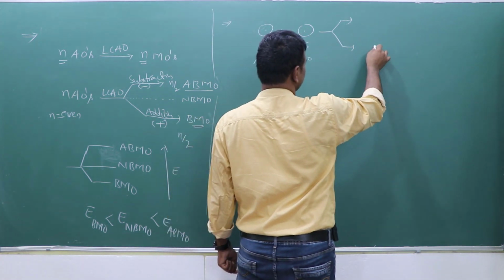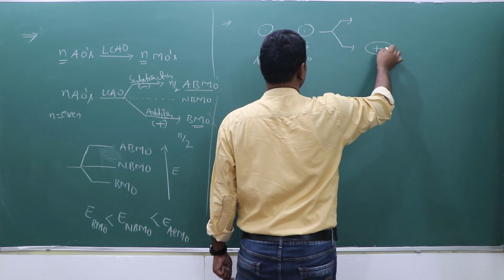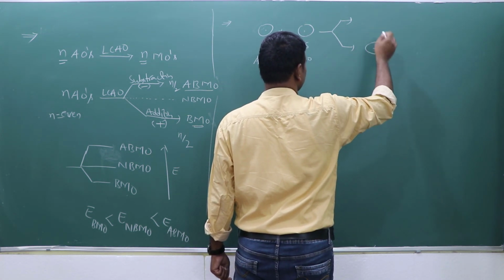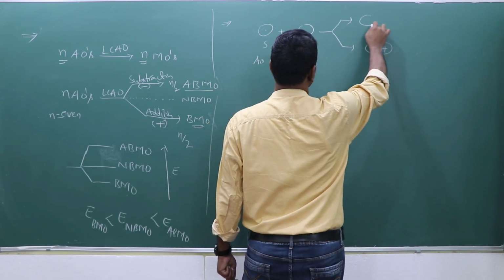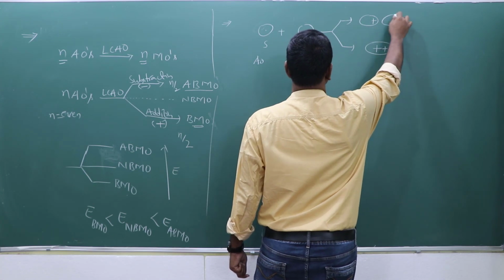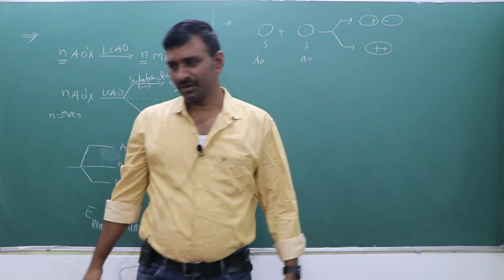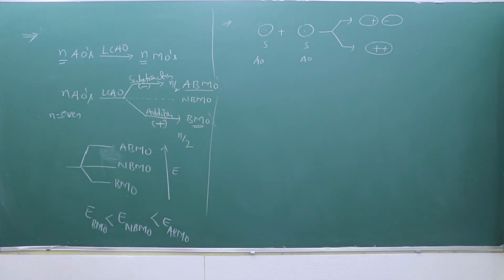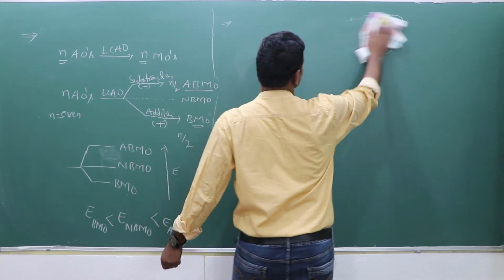Suppose plus and plus, like this, is the sigma molecular orbital, and if it is plus and minus, the sigma star anti-bonding molecular orbital will be generated, which we can generally use in the case of p atomic orbitals.